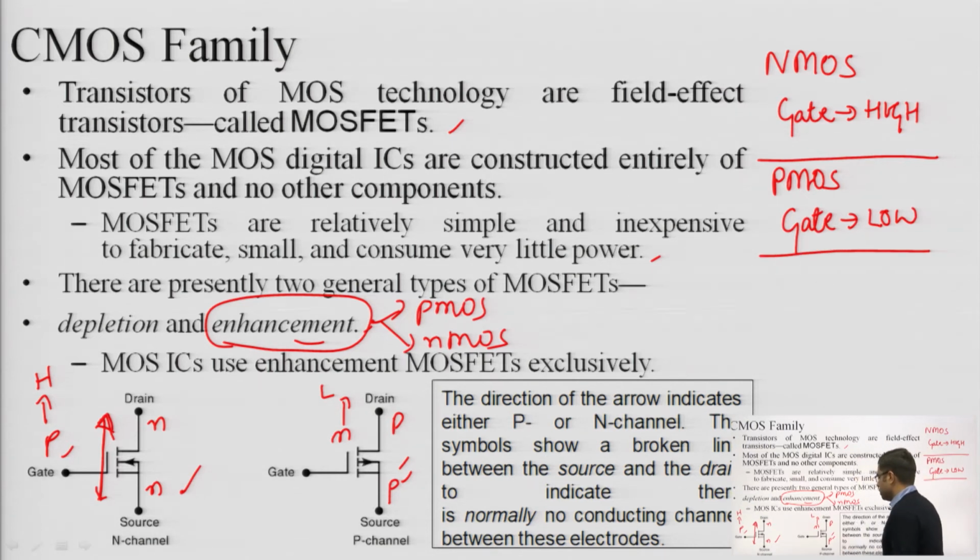So this we have seen, because actually this P and N are not the gate, these are the channels. The gates are of the opposite type. So in NMOS the gate is of P type, that's why we are connecting high voltage to it, and in PMOS the gate is of N type, that's why we are connecting low voltage to it.